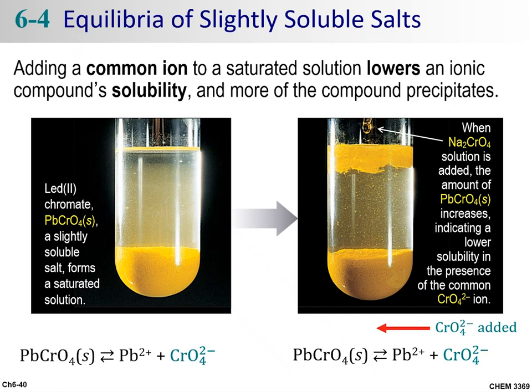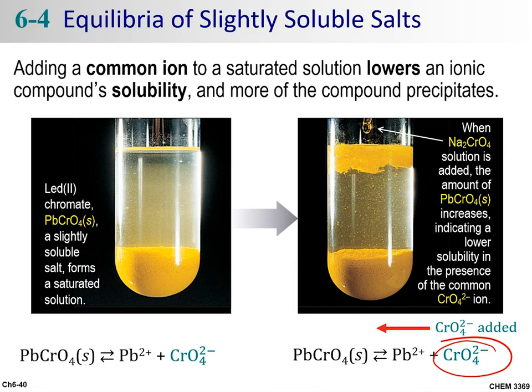And the reason for that is we're adding product, the chromate. We're increasing the concentration of chromate. So invoking the Le Chatelier principle again, adding product shifts the equilibrium to the left, because the system is trying to oppose the change that you are imposing.